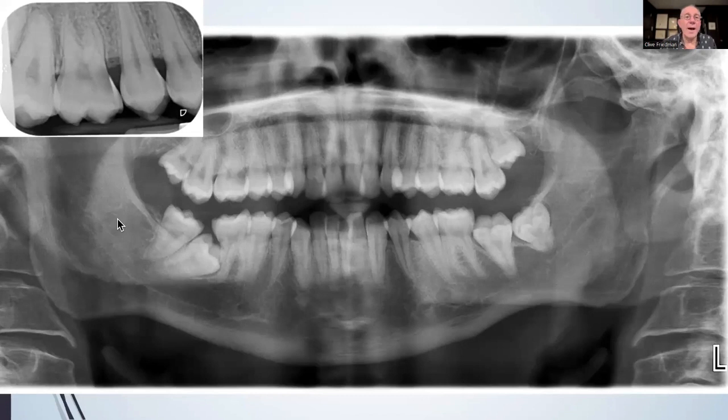So you can see how different individuals have very different manifestations. You can see how this person here has got teeth growing into really what we call ectopically erupting.